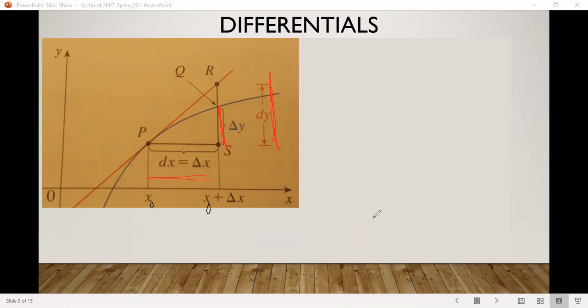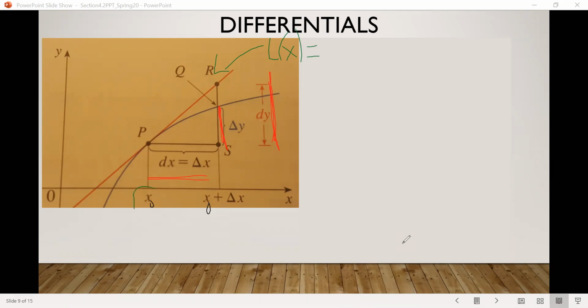Okay, and so what we want to do now is come up with some formulas for these. And first I want to point out that for the tangent line, I'm going to call that L of x. In our previous video, we came up with a formula for that, right?